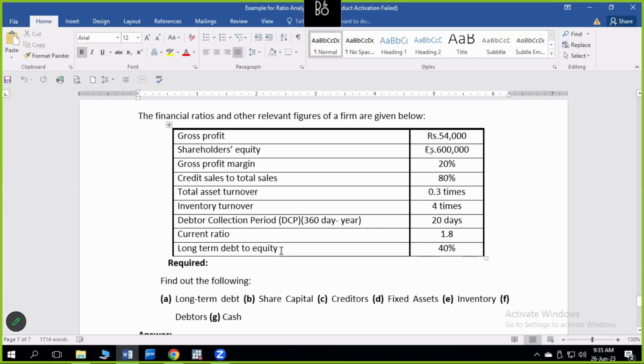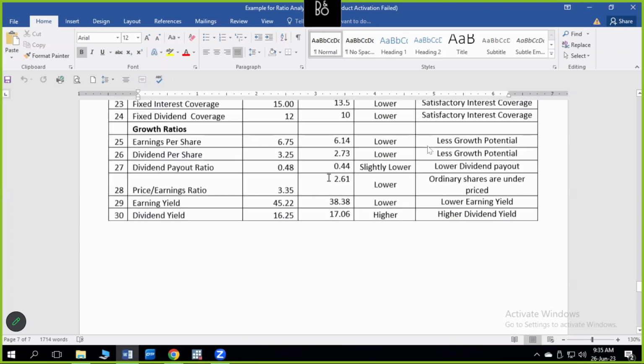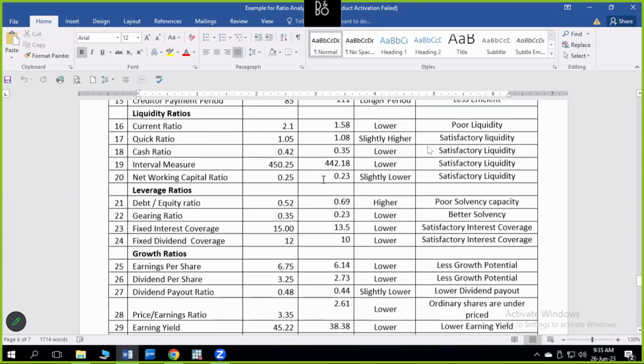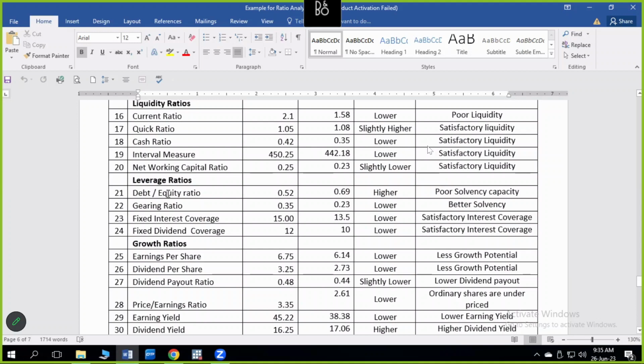You know the debt to equity ratio is debt over equity.